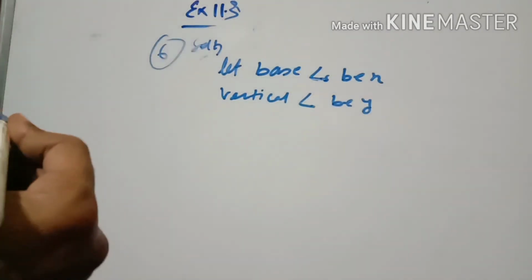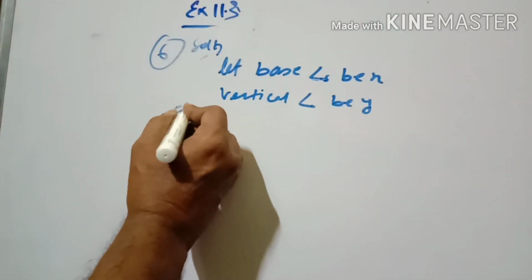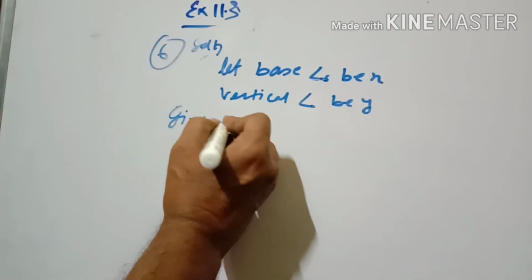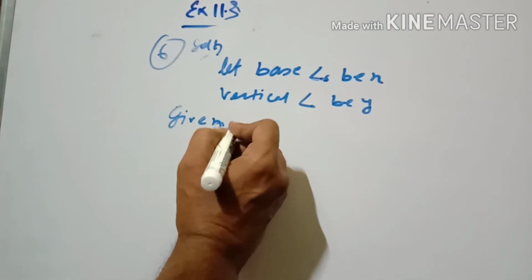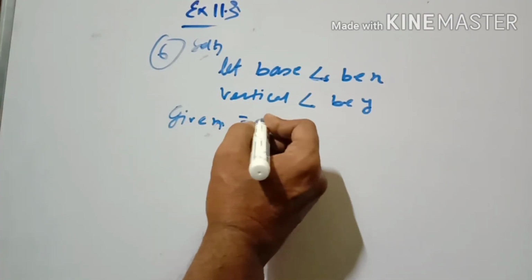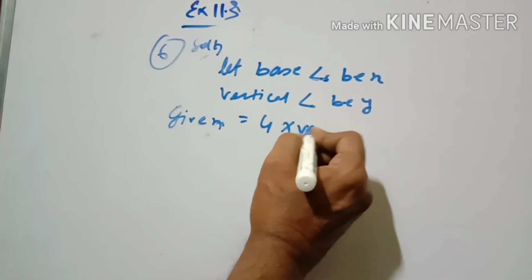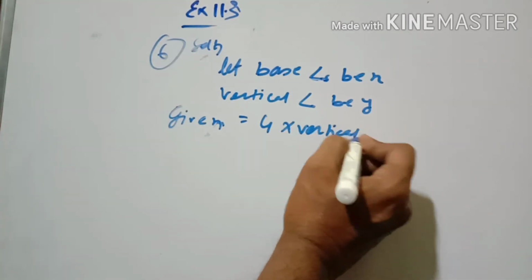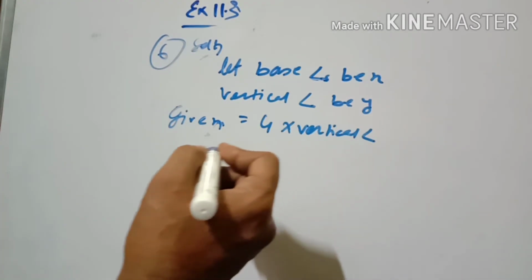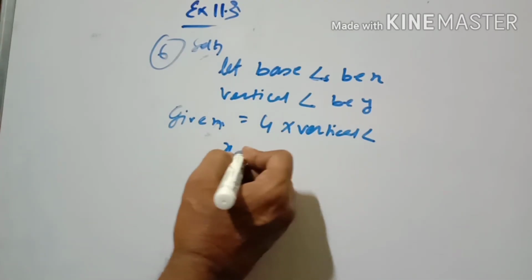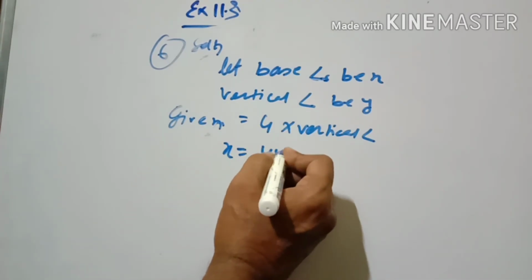Given base angle equal to 4 into vertical angle, that means x equal to 4y.